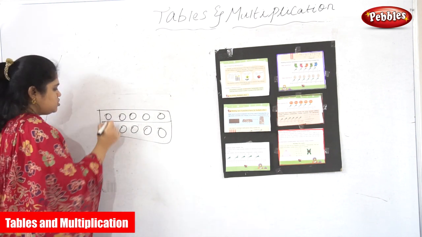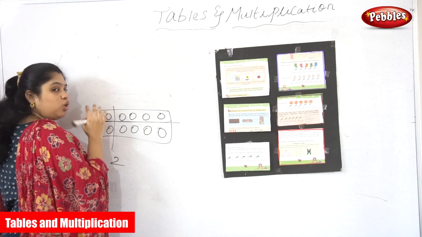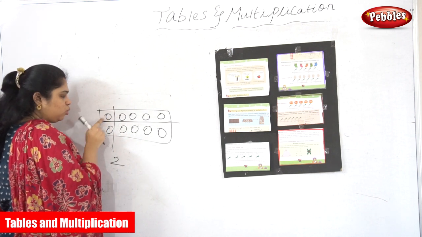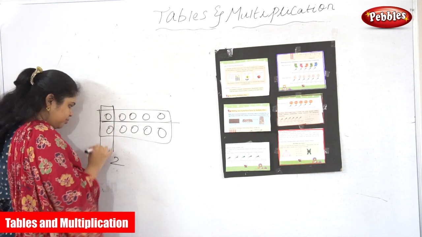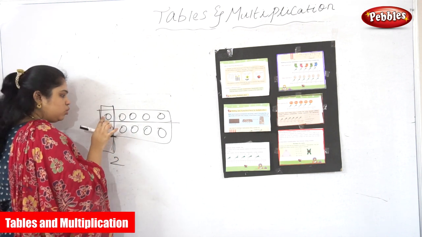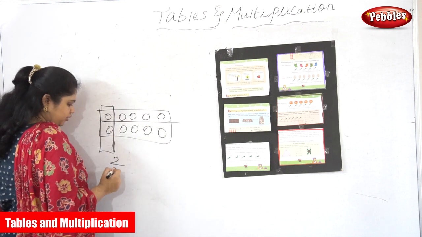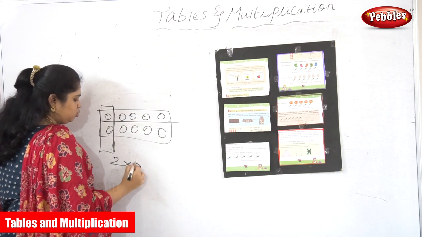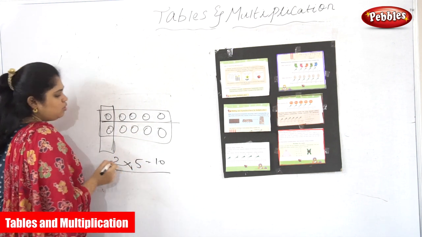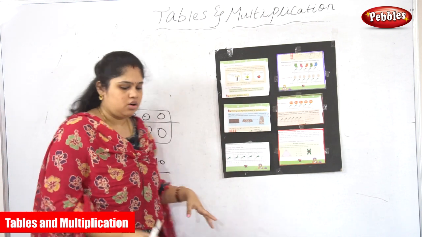The same procedure: 2, then you calculate here 1. You have to include this egg here, this position also, and the same eggs in this position also. So I have written 2 into 1 2 3 4 5. So 2 into 5 is 10. Totally 10 eggs in the egg palette.